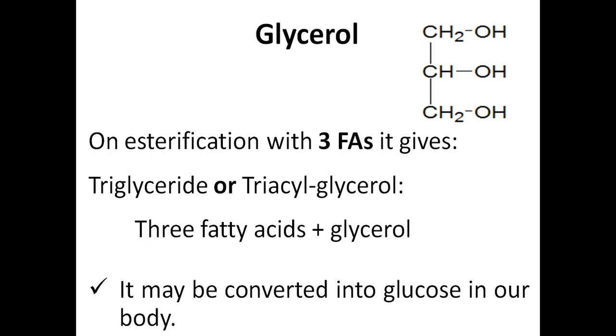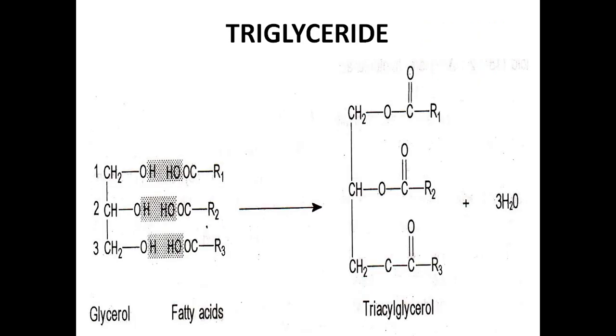On esterification with 3 fatty acids, it gives triglyceride or triacylglycerol. So 3 fatty acids plus glycerol is called triglyceride or triacylglycerol. Glycerol can be converted into glucose in our body.